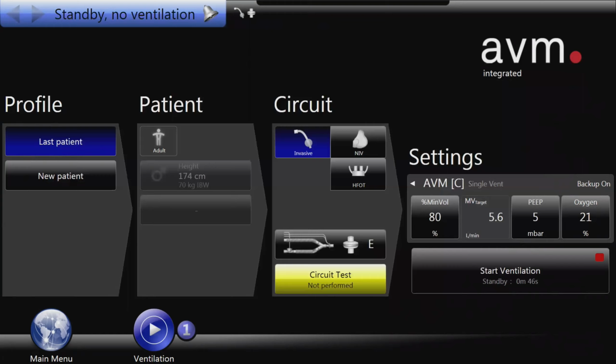So what I can do now to improve the situation for the patient is to just increase my minute volume to give him more support so that the respiratory rate will come down a bit and maybe just improve it a little bit more.